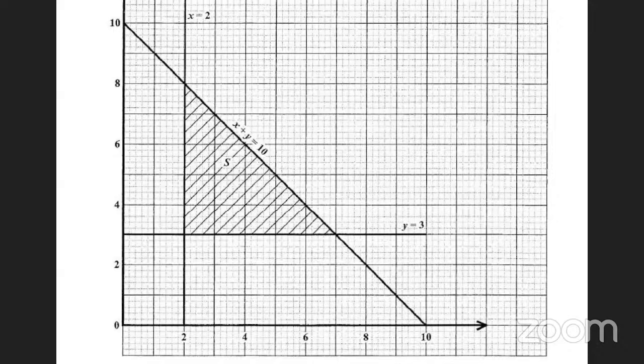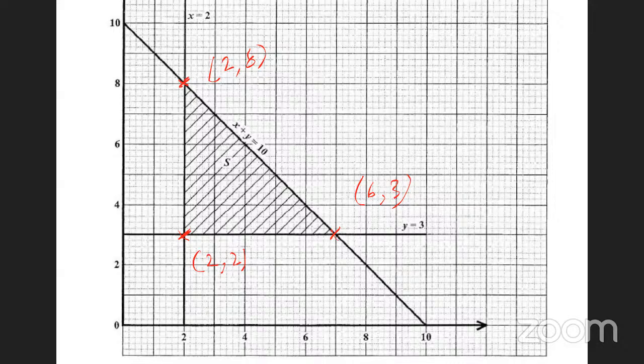Nah, something wrong there. They're talking about these vertices here. So you have to say 2, 2, 2, 8, 6, 3. Those are the 3 coordinates that satisfy all 3 inequalities.